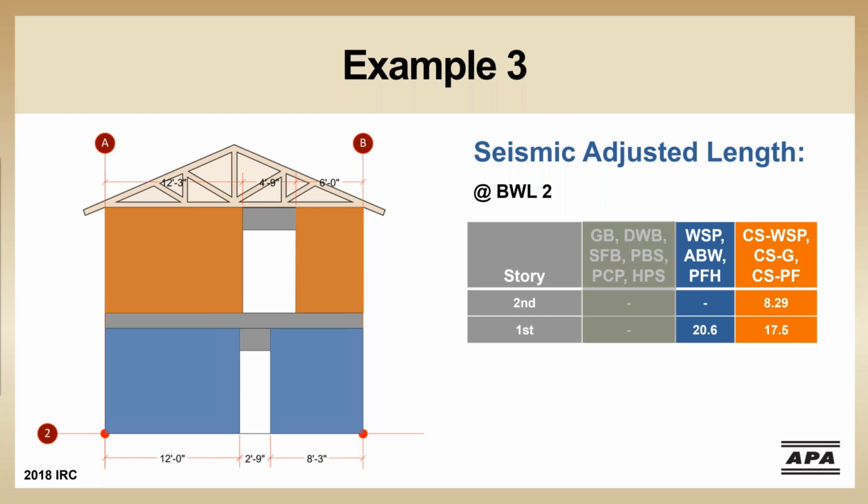And because we can't mix intermittent and continuously sheathed methods within a story, we're stuck with the CSWSP method at the entire lower story. From the table, using CSWSP, we need 17.5 feet, which is no problem since we have 20.25 feet of available braced wall length.